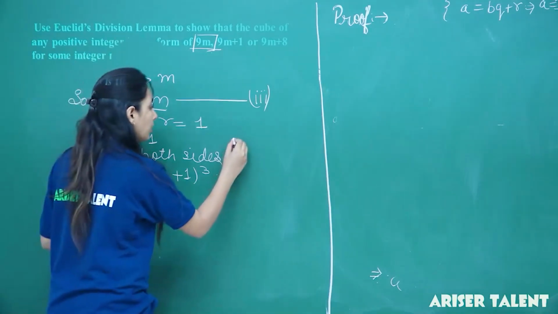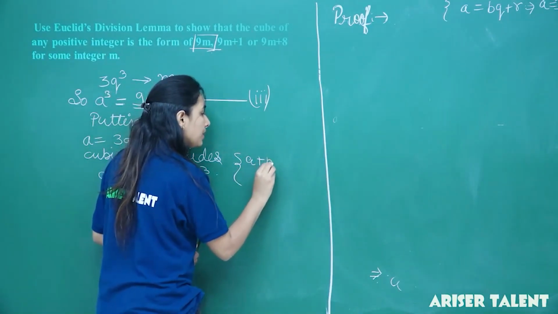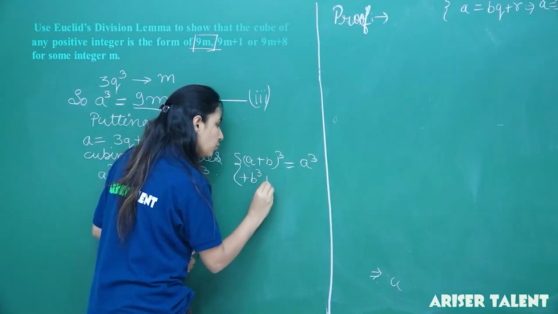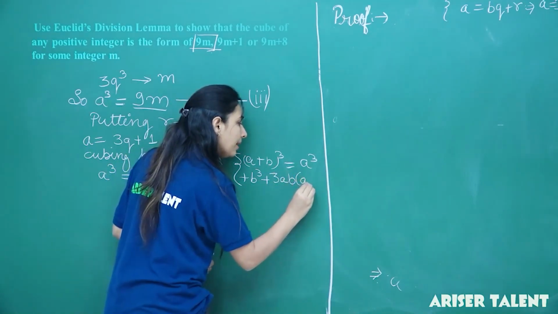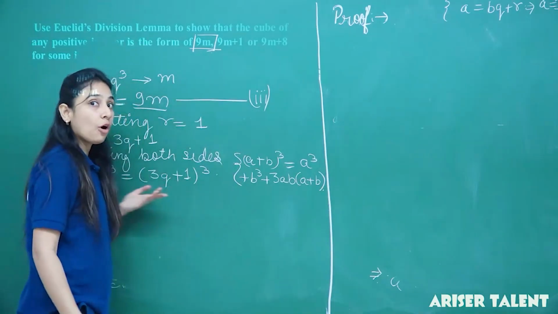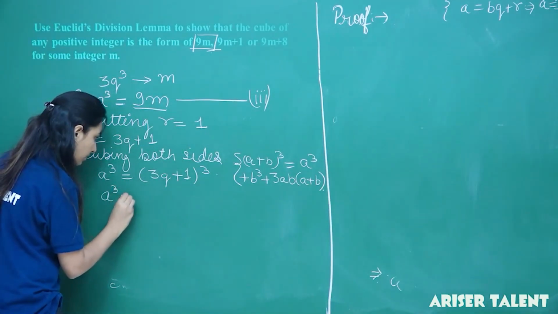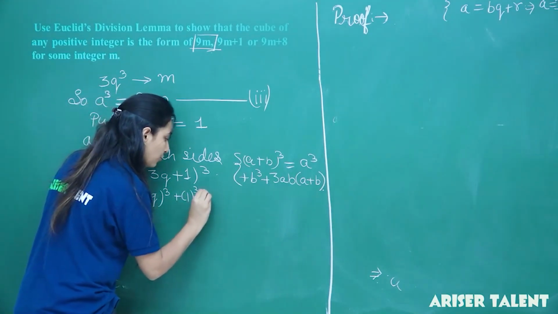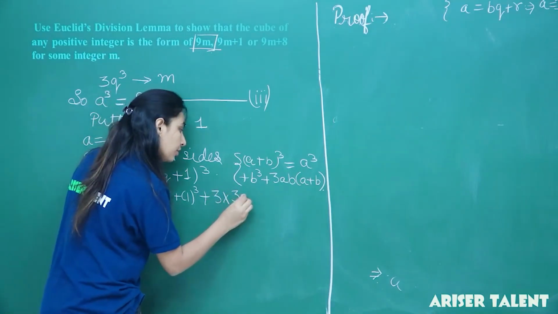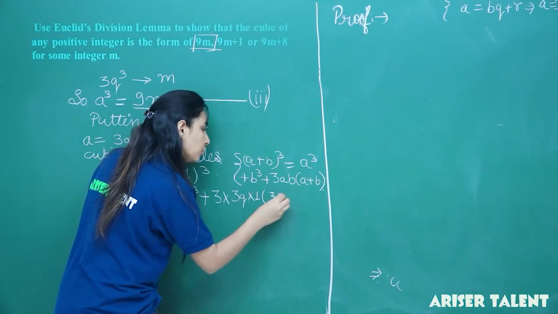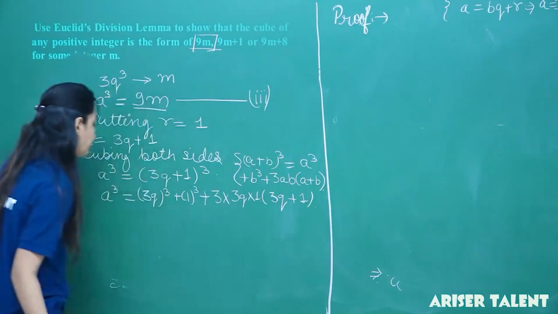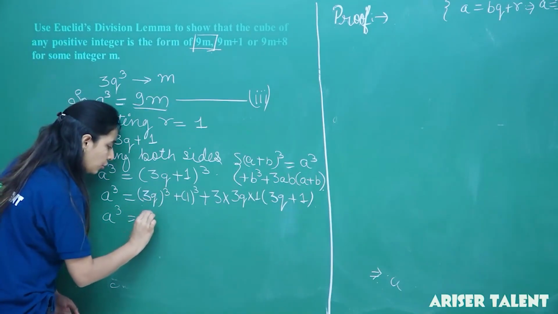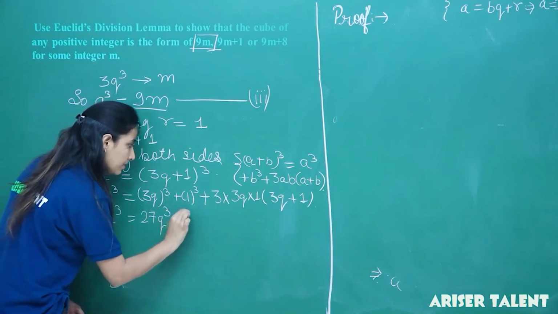Now as we know the formula, (a + b) whole cube equals a cube plus b cube plus 3ab multiplied by (a + b). So we will apply this formula here: (3q) cube plus 1 cube, that is 1, plus 3 multiplied by 3q multiplied by 1 and (3q + 1). Okay. Now again solving it, a cube will become 27q cube plus 1.